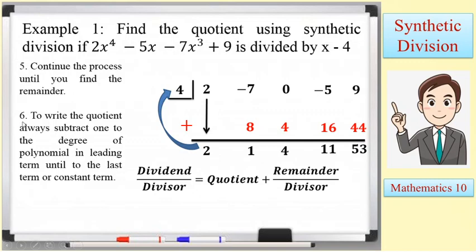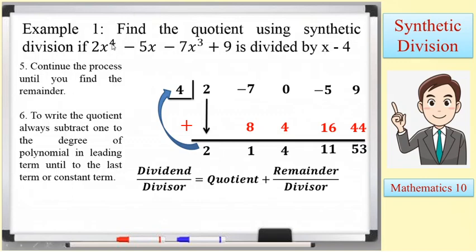Pero sa step number 3, para naman sa pagsusulat ng quotient, magsusubtract lang tayo ng 1 sa degree of polynomial in the leading term until to the last term or the constant term. So, sabi sa step number 3, kung ano yung leading term natin, andoon kasi yung ating degree of polynomial.